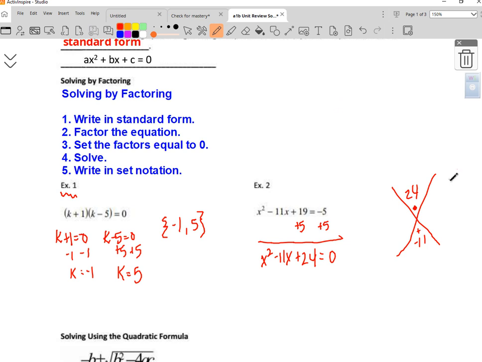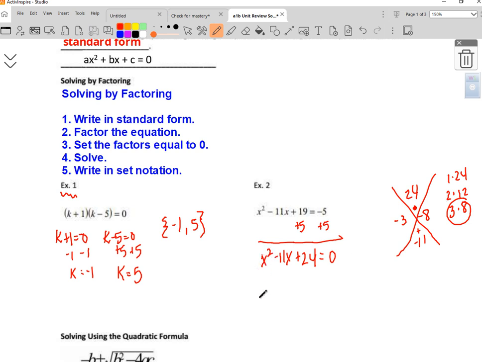If you're not sure, start listing the factors. 1 and 24, 2 and 12, 3 and 8 looks like a candidate, right? Both of my signs are going to have to be negative, because this is a positive number, so these are going to both be positive or both be negative. Since when I add them, I get a negative, it's going to be negative 3 and negative 8. Does that sound familiar? That's what we reviewed yesterday.